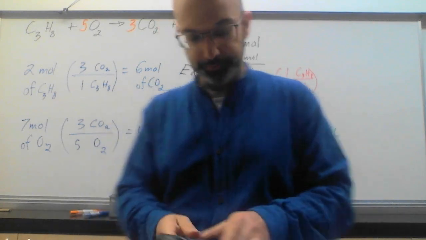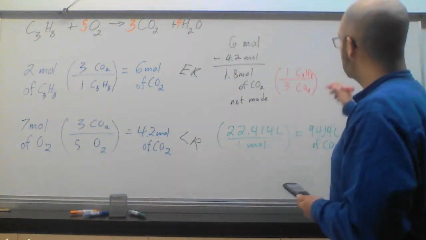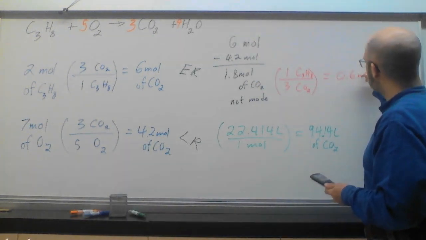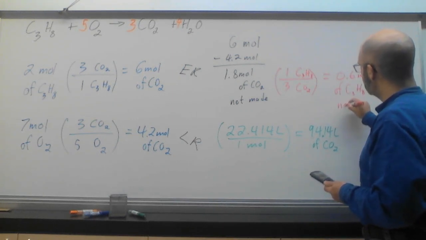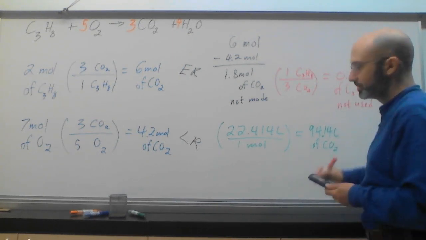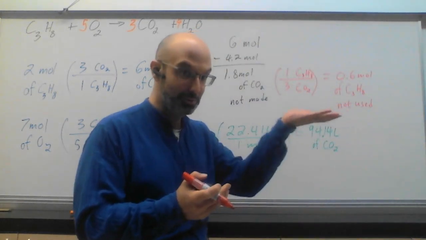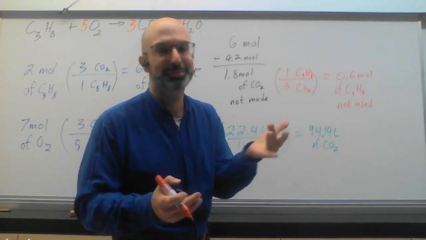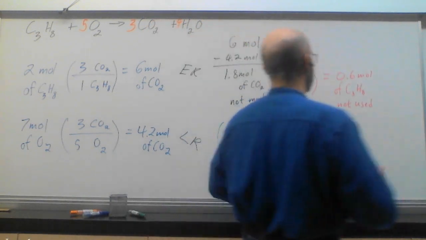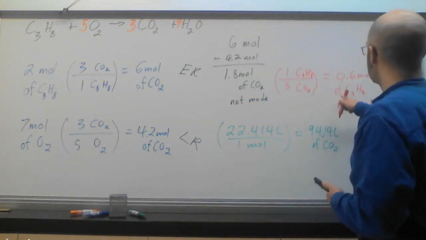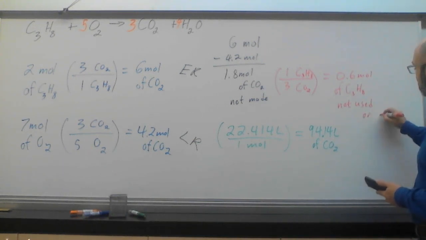We plug that into our trusty calculator, and we get 0.6 moles of C3H8 not used. Right? Because we didn't make this stuff, so we didn't use this stuff. And if we didn't use it, well, that's another way of saying that it remains. It's excess. So that means that we've got 0.6 moles of C3H8 not used or remaining.